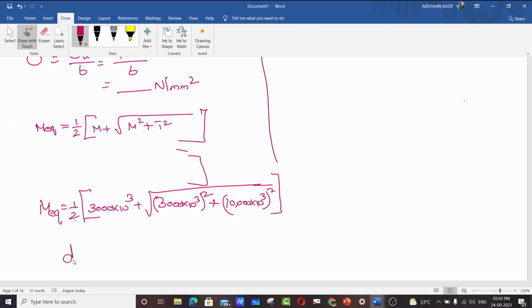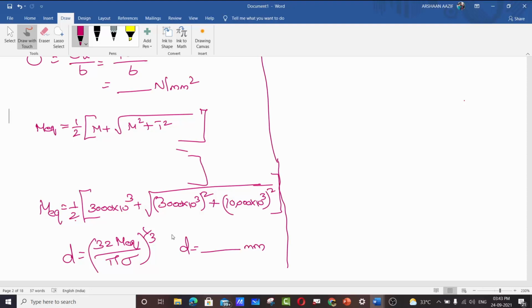Now substituting this equivalent bending moment in the formula, 32 M equivalent divided by pi sigma, the whole power 1 by 3, you will get the value of D in mm. This is for case 1. This is the minimum diameter that your shaft should satisfy so that the material will not fail when it is exposed to 3000 Newton meter of bending moment and 10,000 Newton meter of torque.